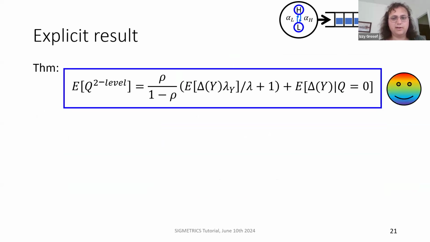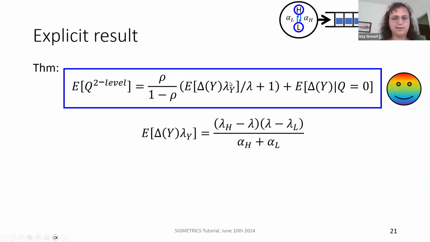So we've got our theorem here. This leading term here, we just calculate explicitly, and it's actually a very nice formula. It depends on the high intensity, low intensity, and long-term arrival rates. And so this term over here, the heavy traffic behavior, we can understand exactly.